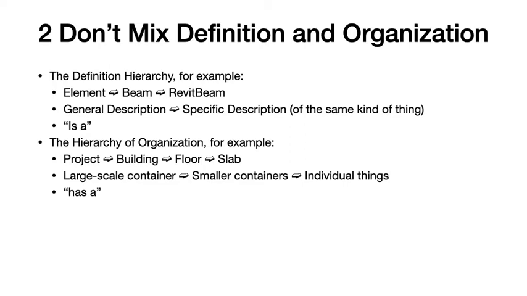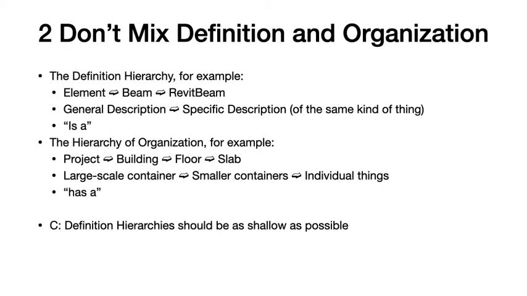So my suggestion is that, first of all, the definition hierarchies should be as shallow as possible. If you think about the sailing world, for instance, in terms of how they define things, everything has a really weird name, none of it makes any sense, and everybody understands it because they've been calling these things the same things for 500 years.